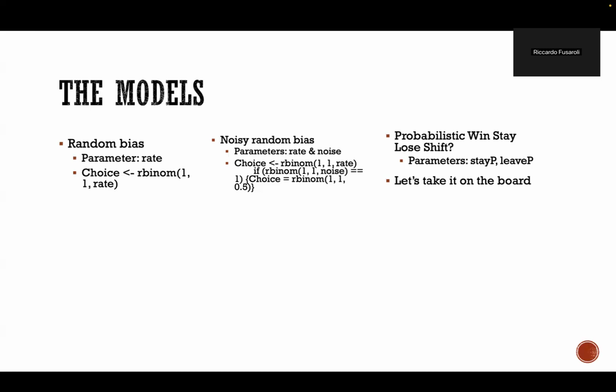Okay, yes. So we could change this into win or stay, right? And then say that we have a beta for win, let's call it beta W, plus a beta for losing, right?